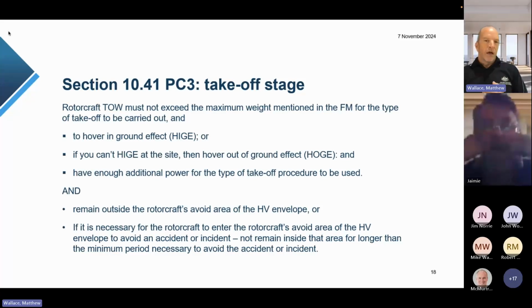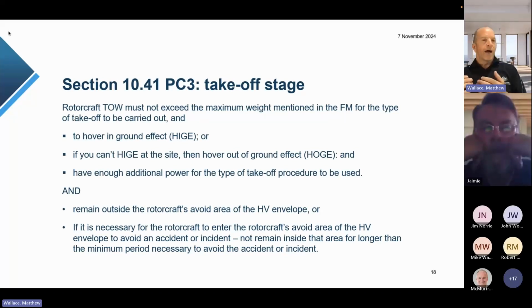That's saying it's up to the operator to determine what would be suitable additional power. Some operators plan everything around maximum continuous power and have maximum takeoff power available, or I might plan to use maximum takeoff power and then have a margin there. So some is 97%, hover out of ground effect, etc.